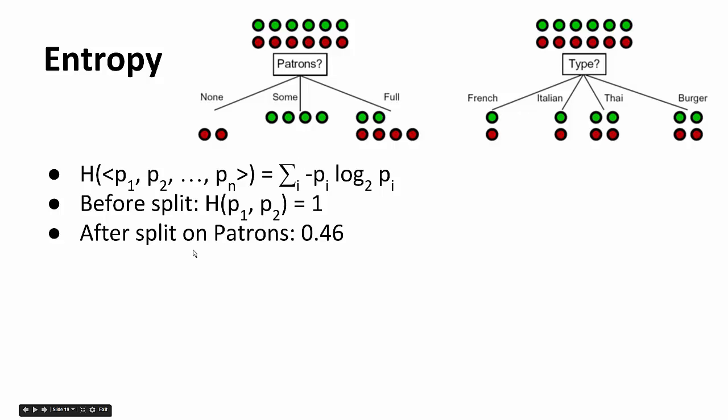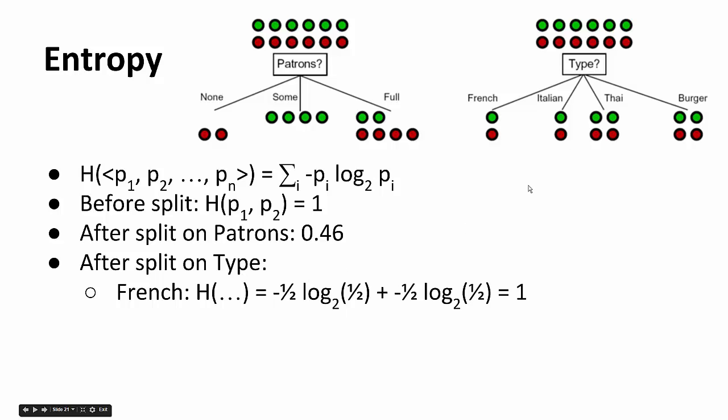Now, when we're comparing splitting on patrons to splitting on some other classification, maybe type, we're also going to have to go through and calculate the weighted entropy after the split of splitting on type. So we're going to do that basically in the same way, where first we're going to calculate the entropy of just this fringe split here. We have a 1/2 chance of green, a 1/2 chance of red.